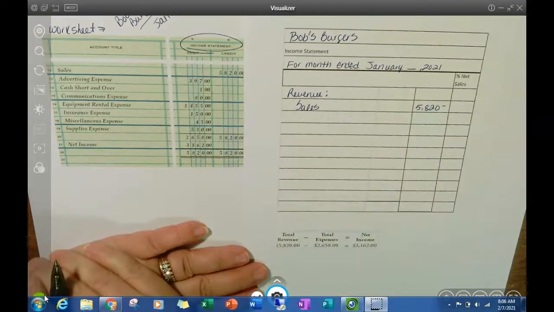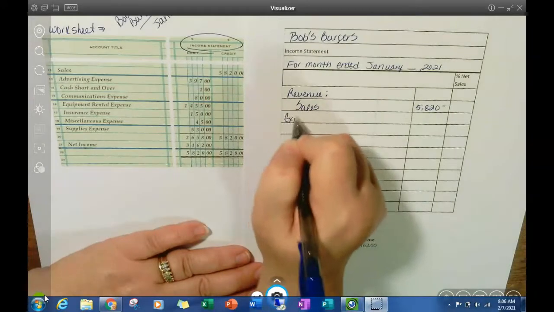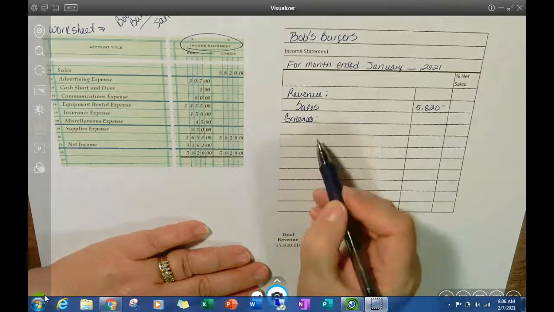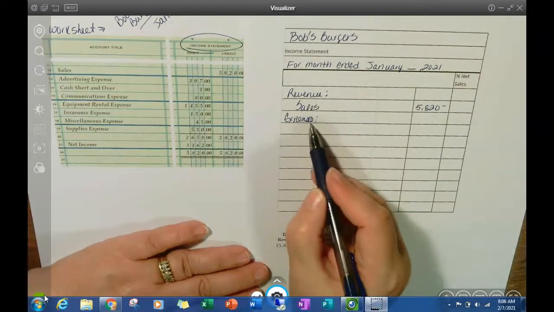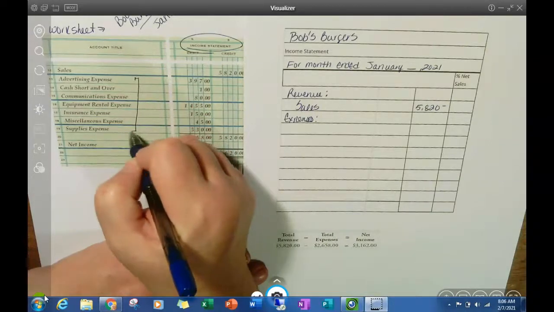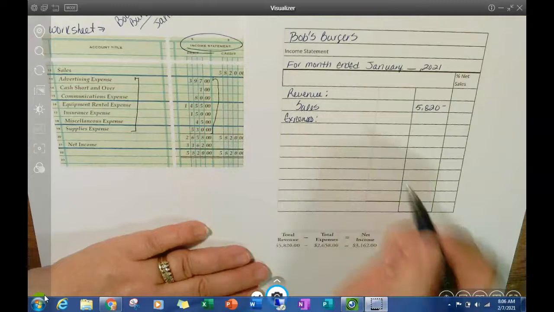You write the sales there. Then we are going to list all of our expenses. Again, expenses, semicolon. Then you are going to list all the expenses and the amounts that are listed here.